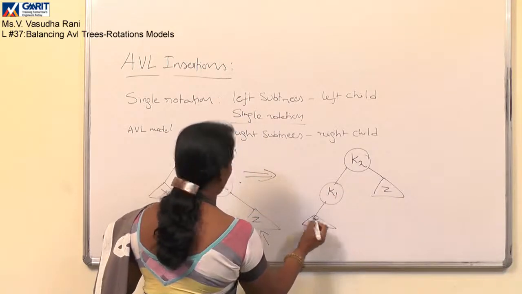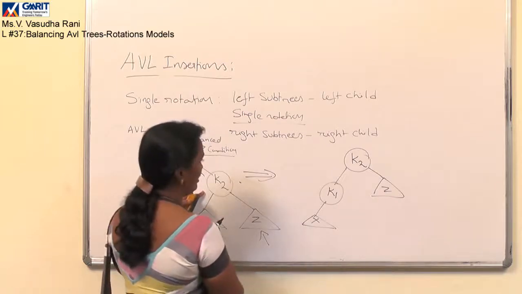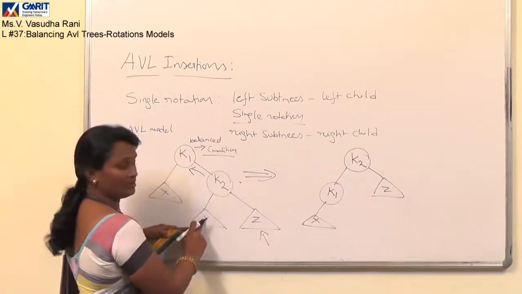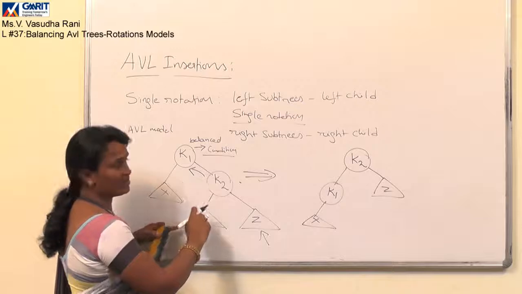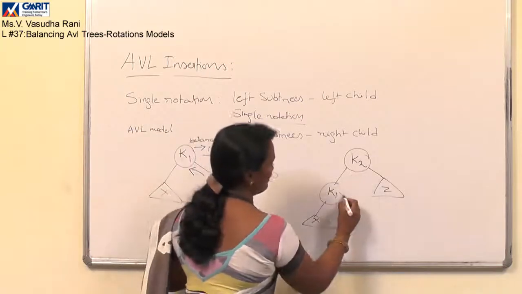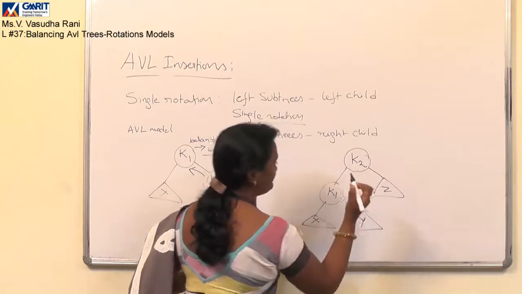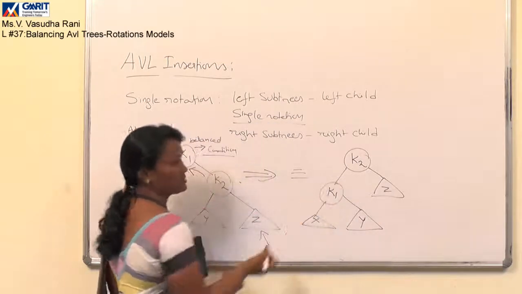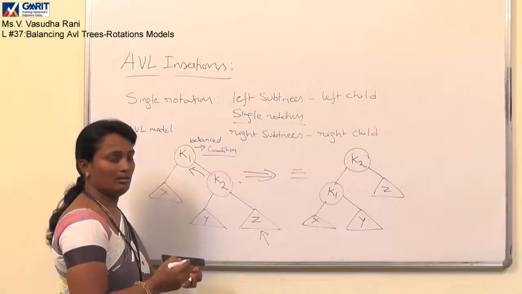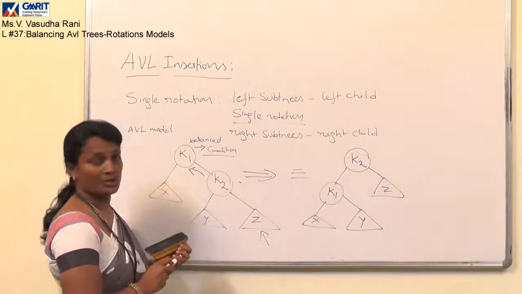K1's left, X as it is, will be there, and K2's left will become K1's right. So this is the equivalent AVL model with single rotation.